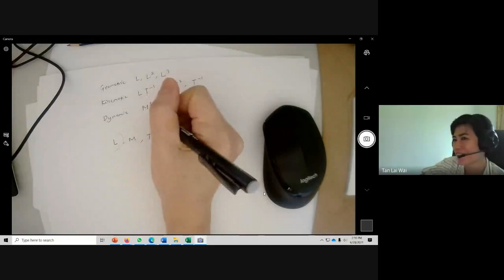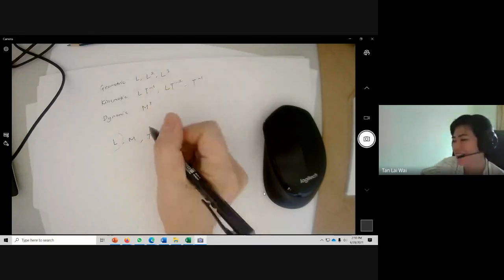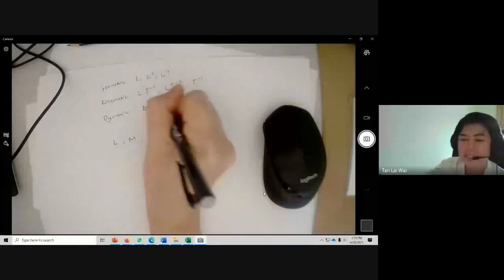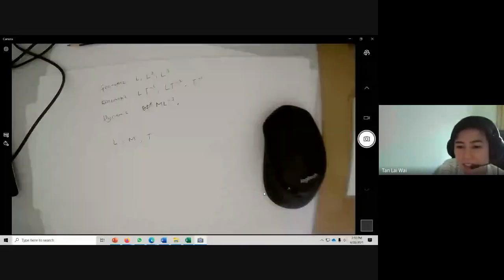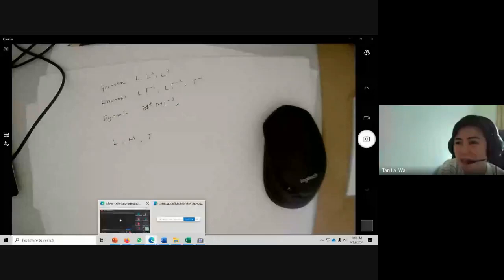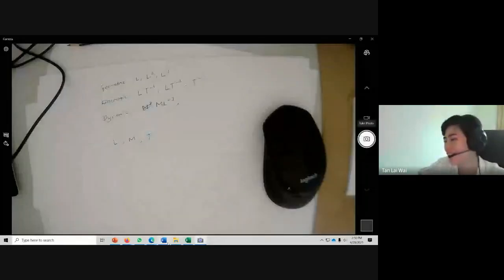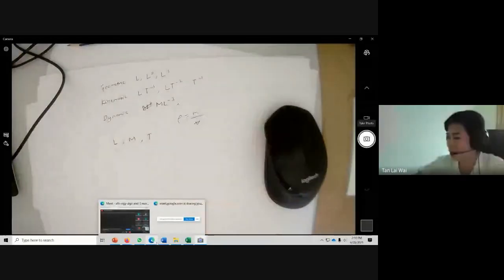Anyone? Do you agree with this? It's actually mass over volume, right? You still remember that? Yes, okay, good. So density is mass over volume.